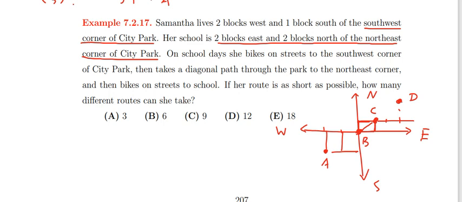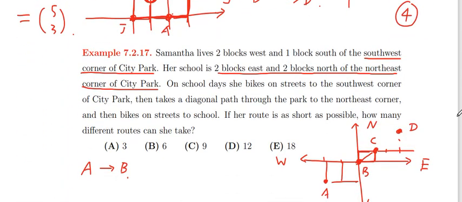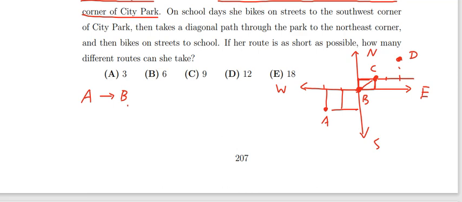From A to B, how many ways? From A to B, he needs 2 east, 1 up. So he needs to go 3 blocks, right? So how many ways? We just from 3 positions choose 2 for east, then the other one for north, right?